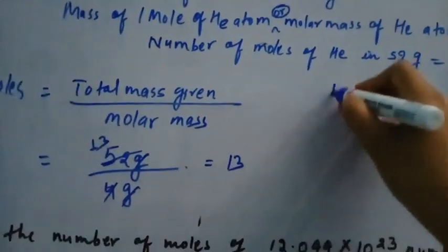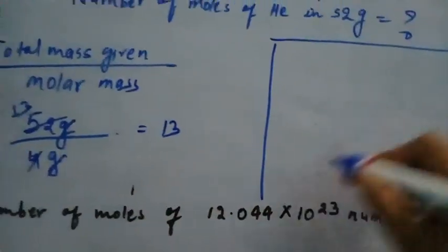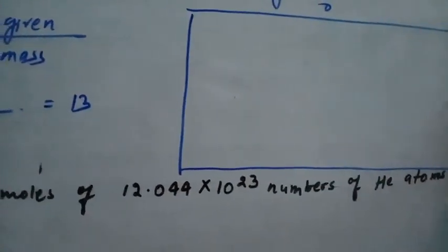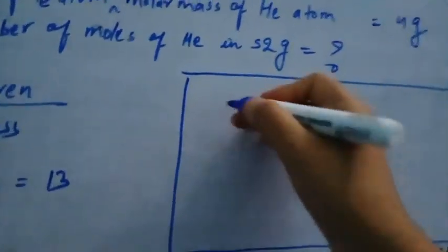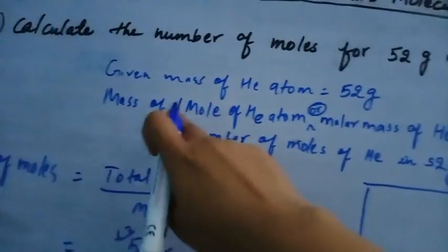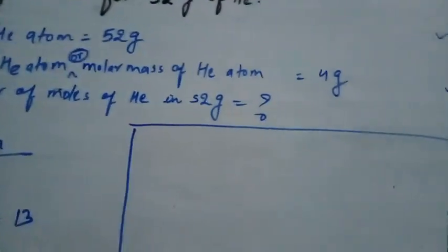There is one more method we can use. You know that the mass of 1 mole of helium atom is 4 grams.